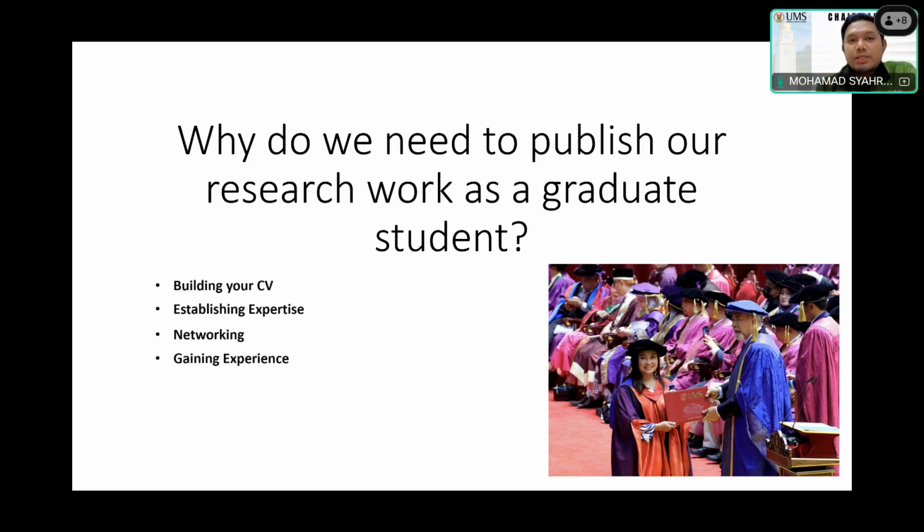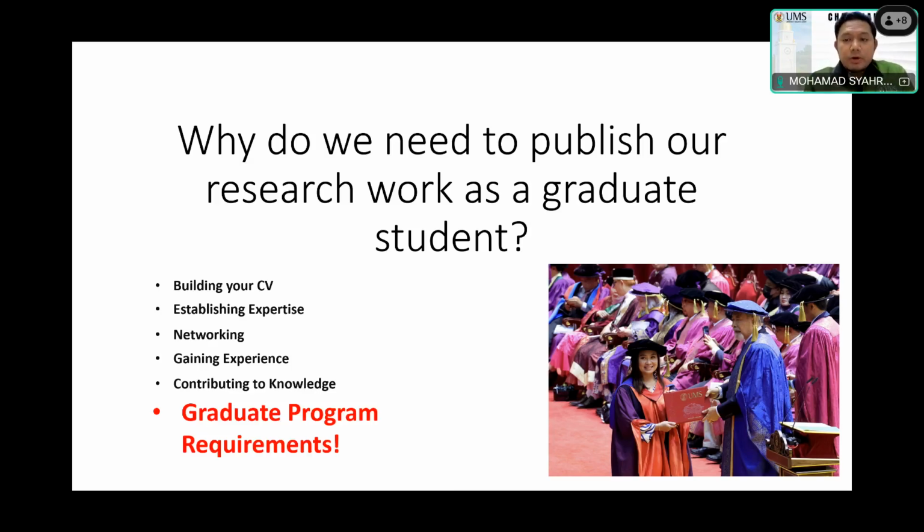So you know the process from how to design the manuscript till it gets published. Okay. So of course, when you do research, it is about contributing to the body of knowledge. Yeah. So of course, somebody said that it is for your graduation. So this is the big motivation for you. Why you must publish.